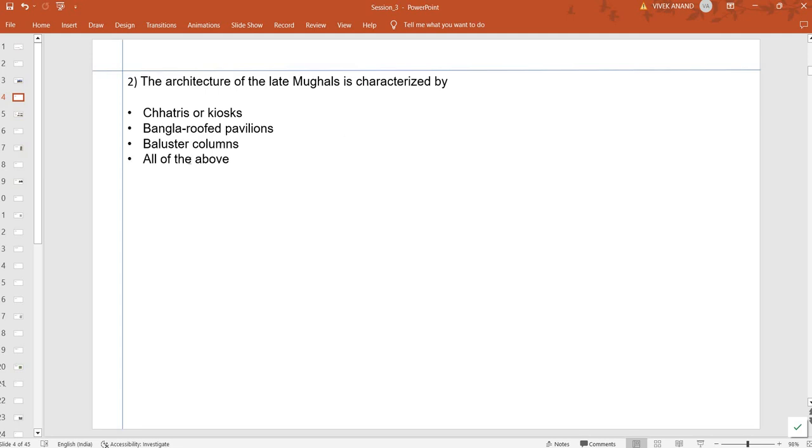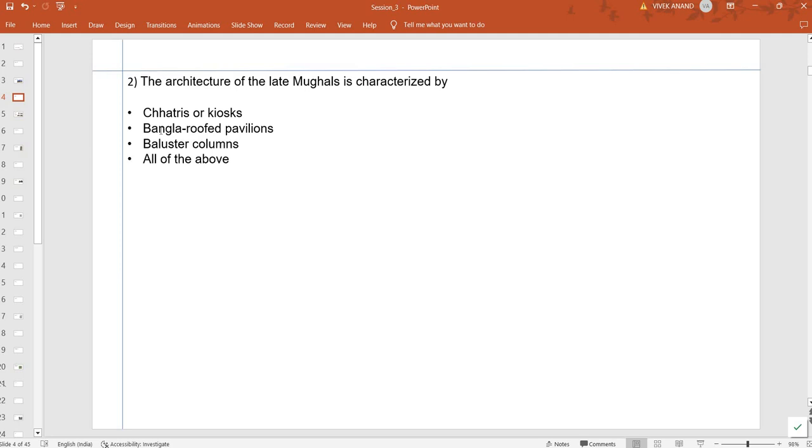So now, what is the answer to this question? You have all seen the above. Yeah, that's right. Chhatris are there, Bangla roof pavilions. Have you seen Bangla roof pavilions in any building? If you know the chhatris are there, baluster columns are there, then automatically you can answer all of the above, because two of three you know. But Bangla roof pavilions were also there.